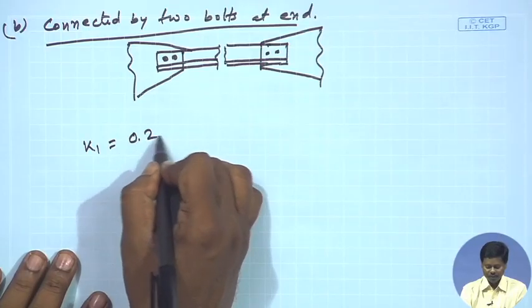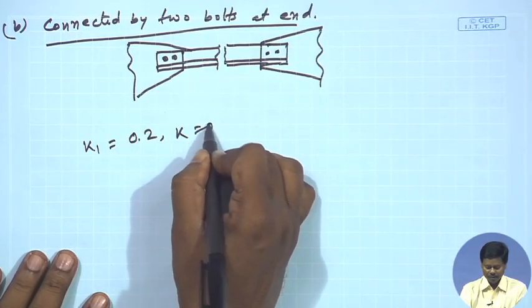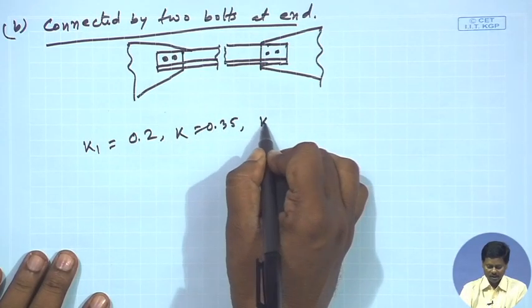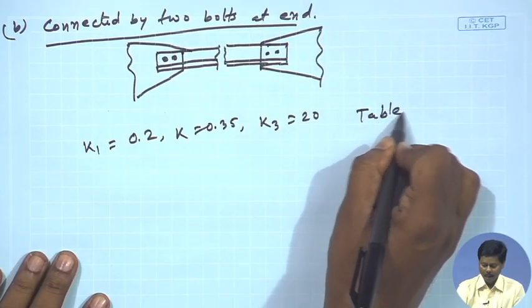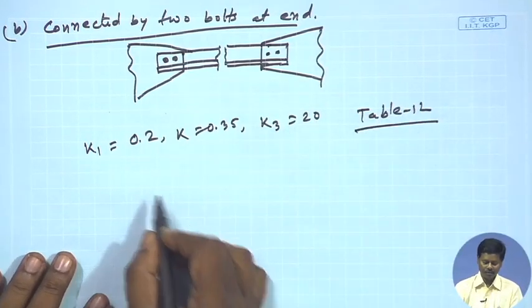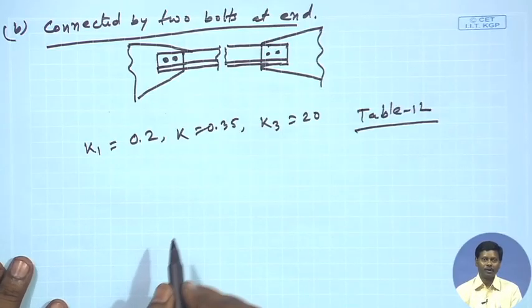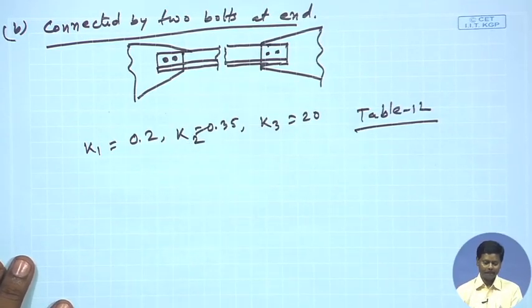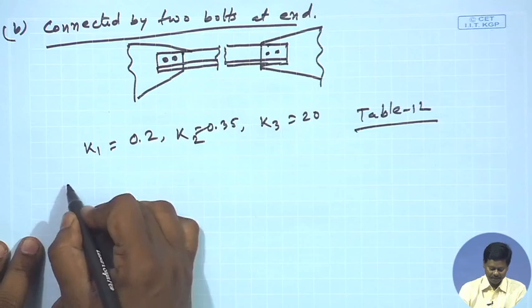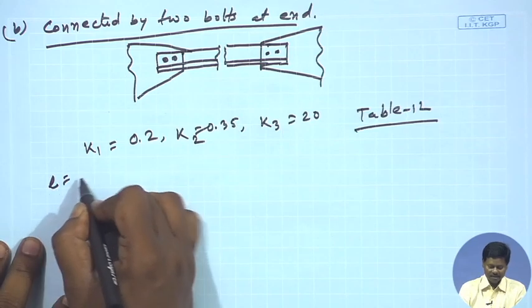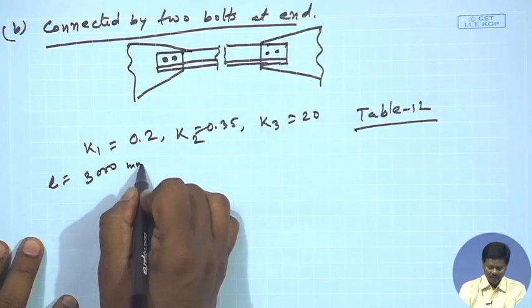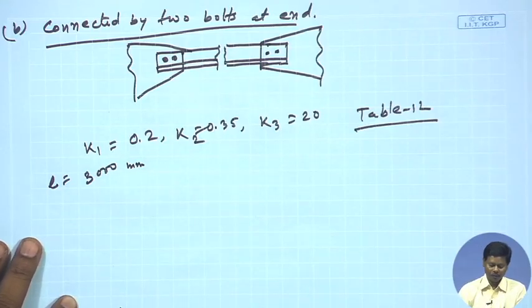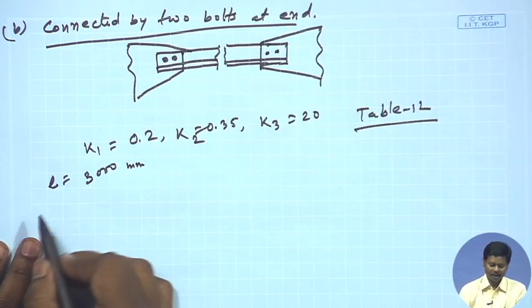K1 will be 0.2, K2 will be 0.35 and K3 will be 20 from table 12. From table 12 I can find out the value of K1, K2, K3, right. Now, other things will be same, because L is considered as 3000 millimeter and we are considering that both ends are fixed like earlier case.